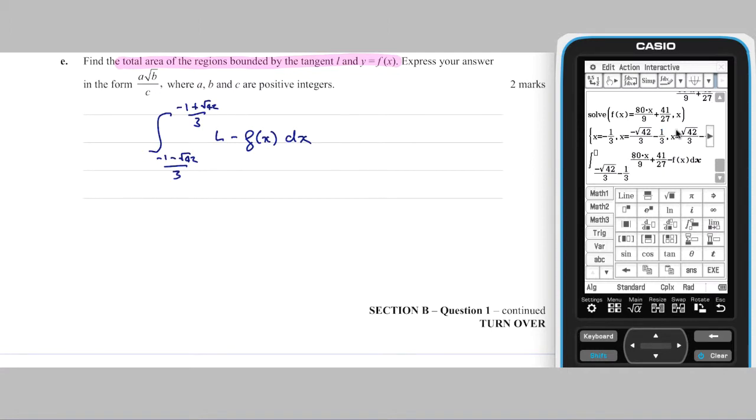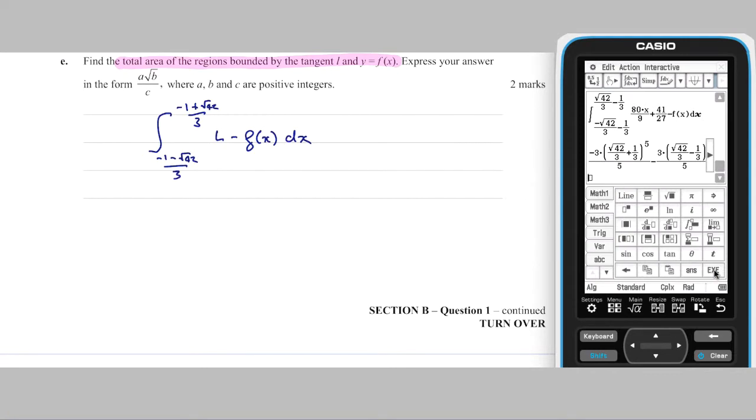There's our lower bound. And here's our upper bound. Now that output is far from the form required, but tapping simplify, it is reduced to the form that we require.